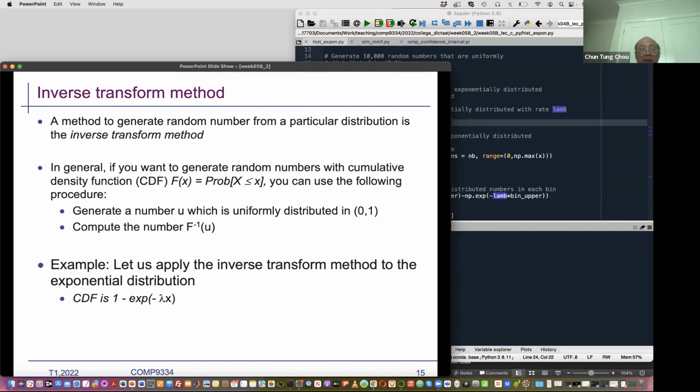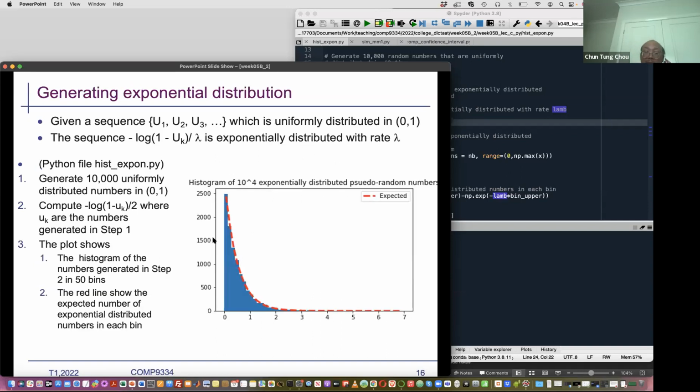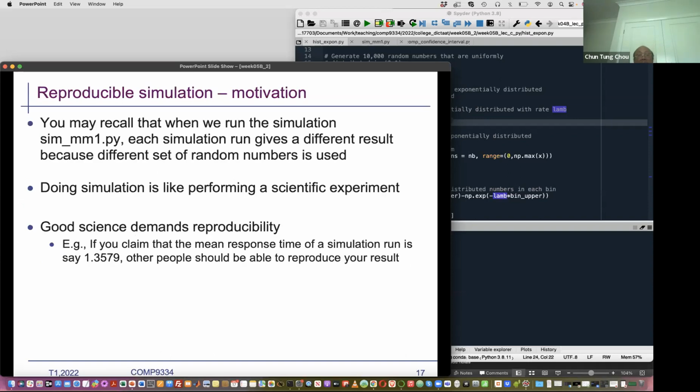I'm using the exponential function as an illustration, but this method is general, and so you can apply it to other distributions too. Okay. I'll finish on the topic of generating random numbers for any probability distribution.